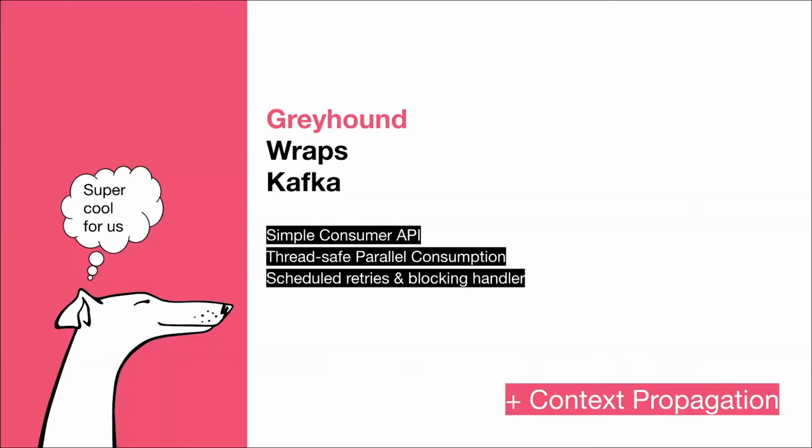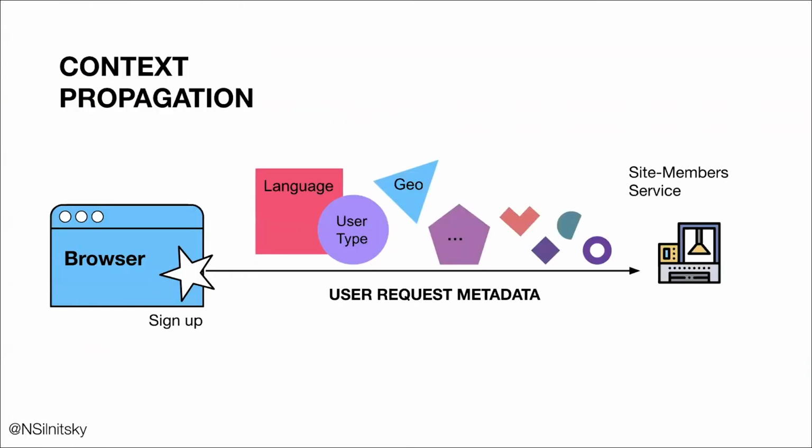Okay, and another very important Greyhound feature for us at Wix is context propagation. So we have a lot of incoming HTTP requests, like you saw, and our users have a lot of data in those HTTP headers. So consider the following sign-up use case where a visitor of a Wix site wants to sign up and be a member of that site.